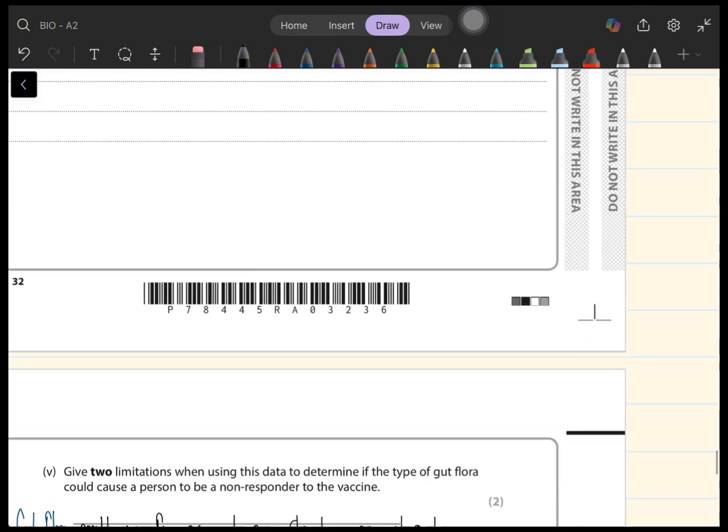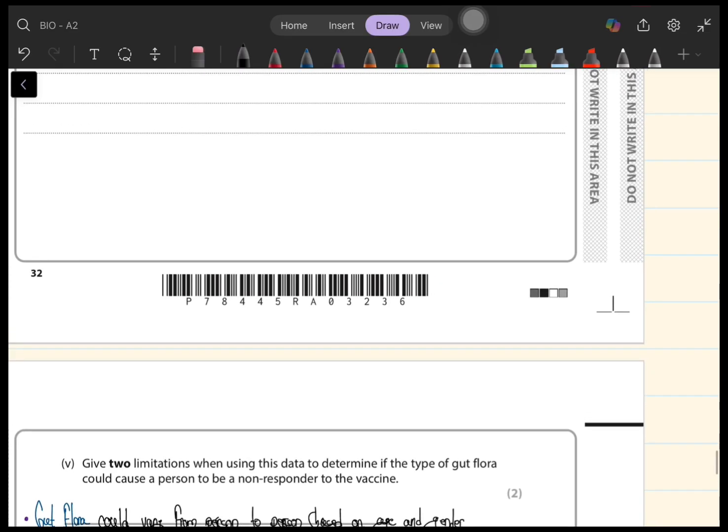So let's just move on. Give two limitations when using the data to determine if the type of gut flora could cause a person to be a responder or non-responder. Okay, so the first thing is that we basically do not know the gender or the age of that person, because the gender of the person could vary and hence the bacteria.